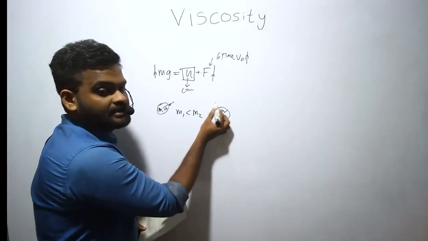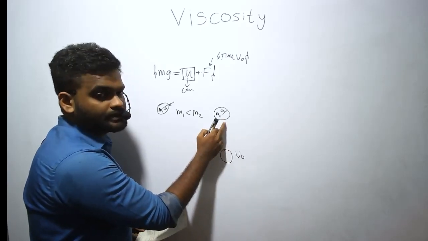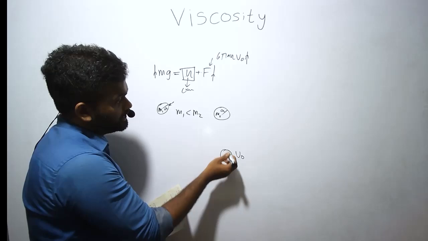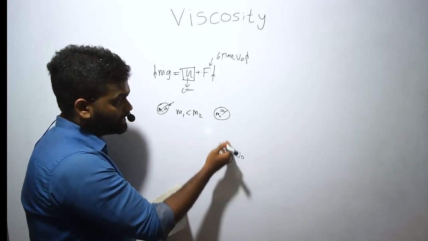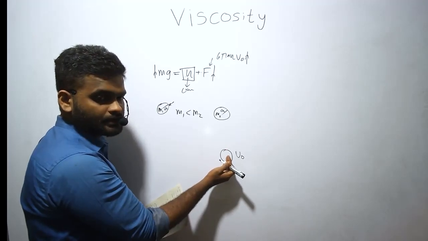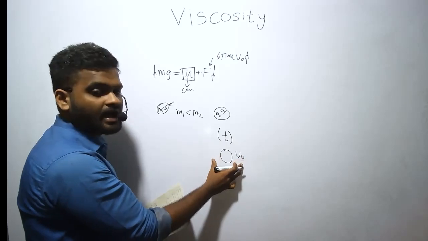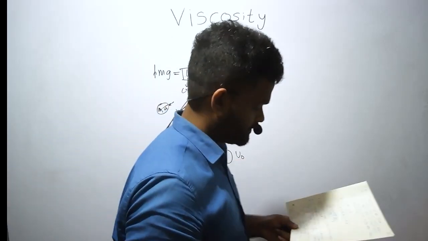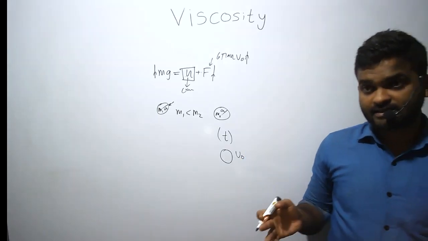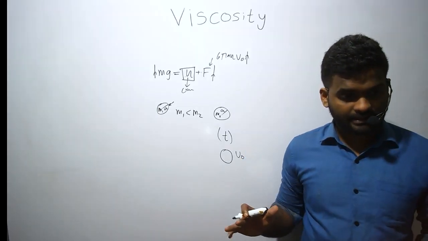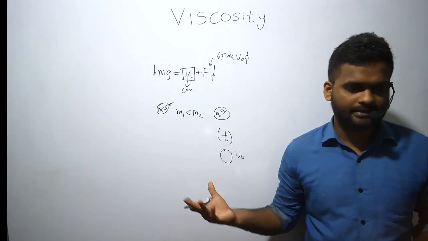So this has a higher mass, and V naught is larger for this one. If it has a larger terminal velocity, it takes more time to gain V naught. The time taken also is higher for this higher mass. You need to have a clear understanding, but rough memory of these. Then you can quickly derive this and get the answer.